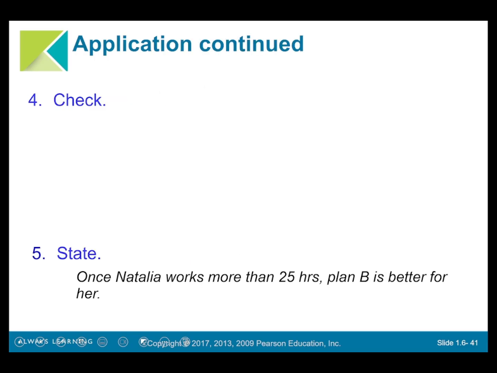Okay. So now we can check if we work, let's say 26 hours, because we need to pick something. So remember, we got N is greater than 25. So what happens if Natalia works 26 hours? Well, then plan B, which was $20 per hour, becomes 20 times 26, which is 520.